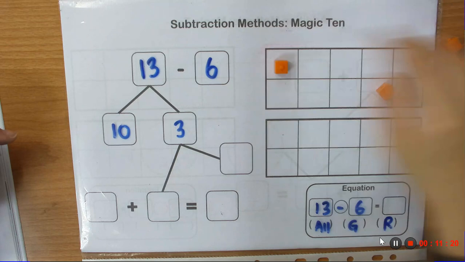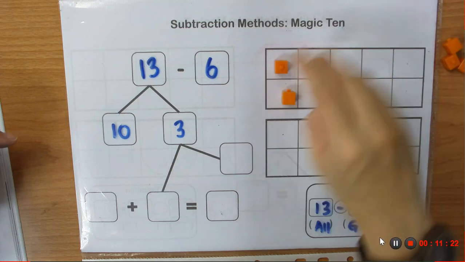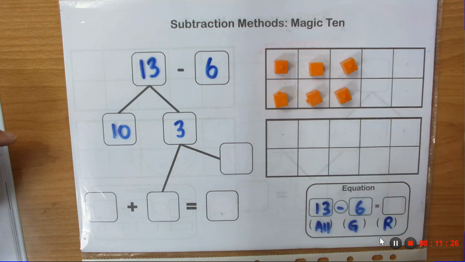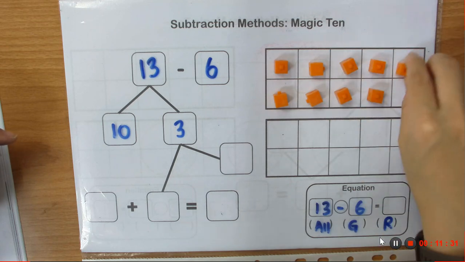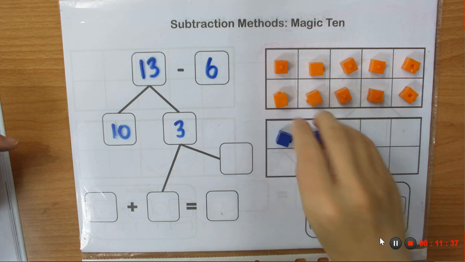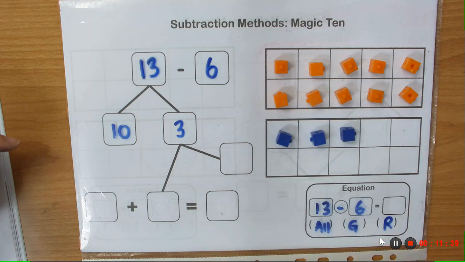I can show 13 with my cubes. That's 1 ten frame filled with 10 cubes and 3 ones. Now, I'm looking at the ones here.